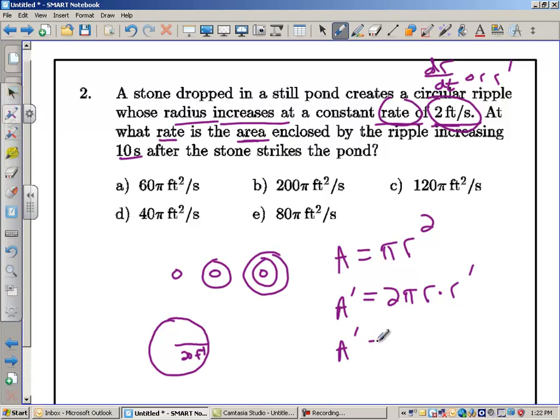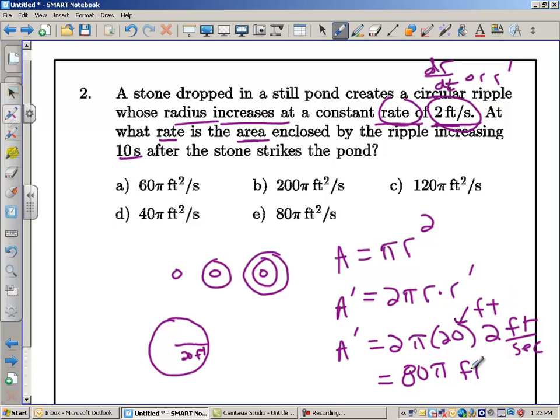So A prime equals 2 times pi times r times r prime, which is going to give me an answer of 2 times 20 times 2, or 80 pi. Now let's take a look at these units. The r prime was in feet per second, and the 20 was in feet. So I'm going to have square feet per second, and that answer is E.